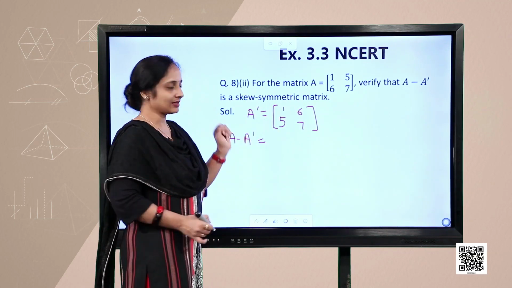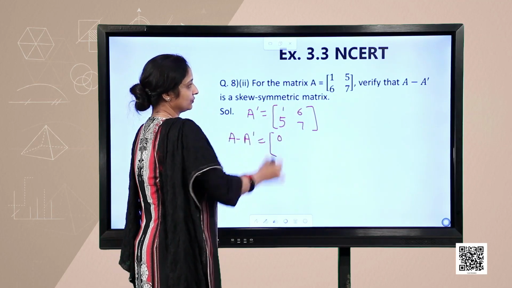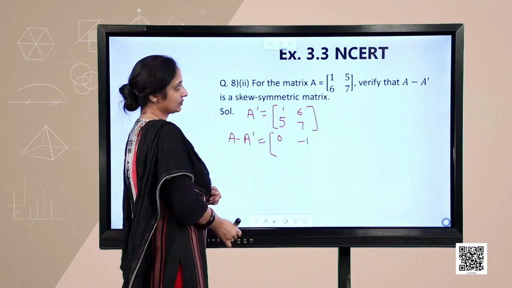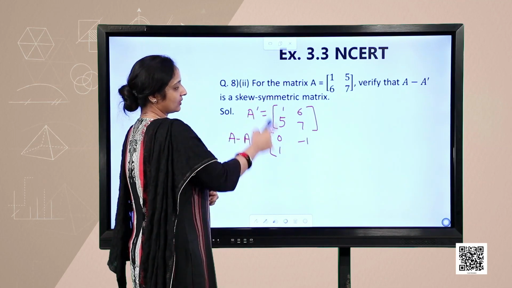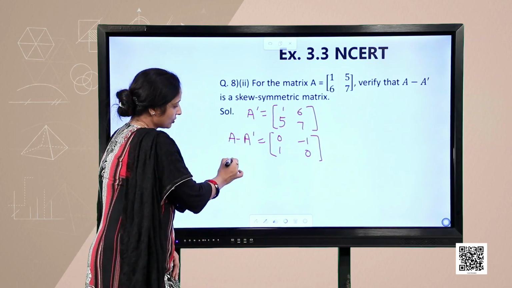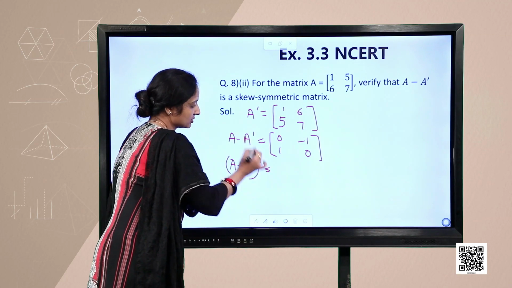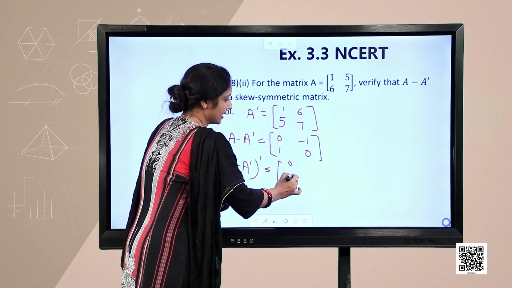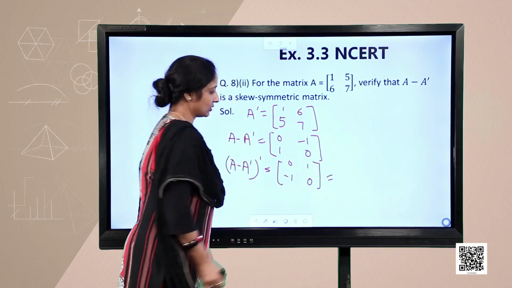Subtract corresponding elements. 1 minus 1 is giving you 0. 5 minus 6 will give you minus 1. 6 minus 5 will give you 1, 7 minus 7 will give you 0. Now take the transpose of this matrix A minus A transpose. 0, minus 1 as the first column, 1, 0 as the second column.